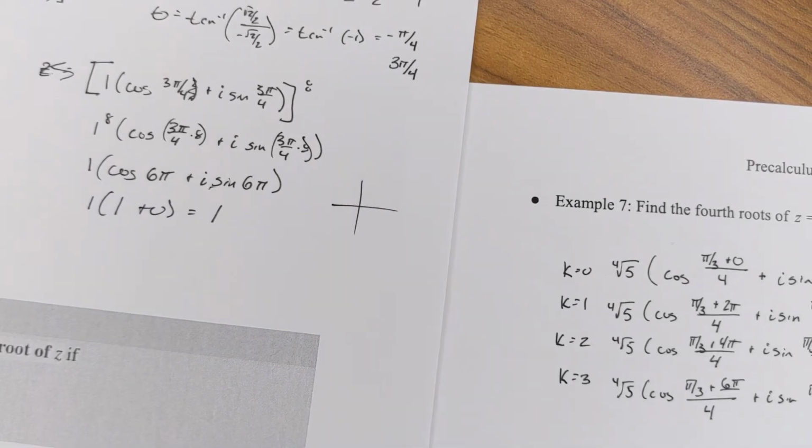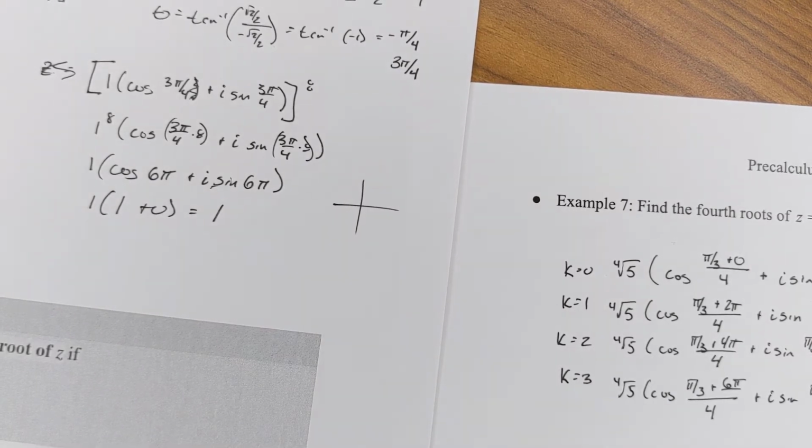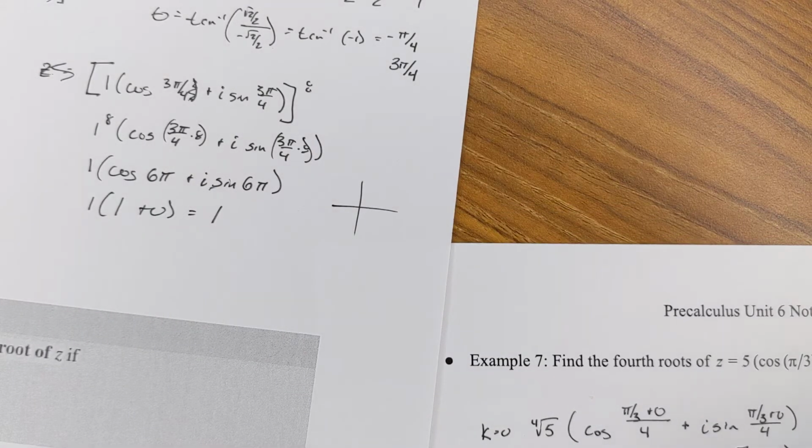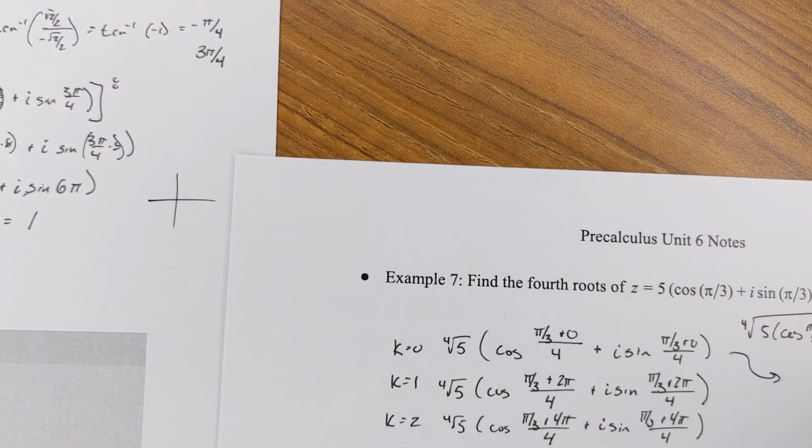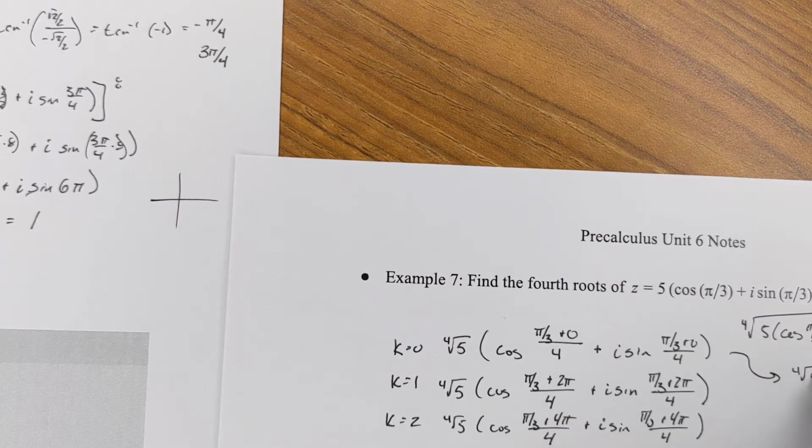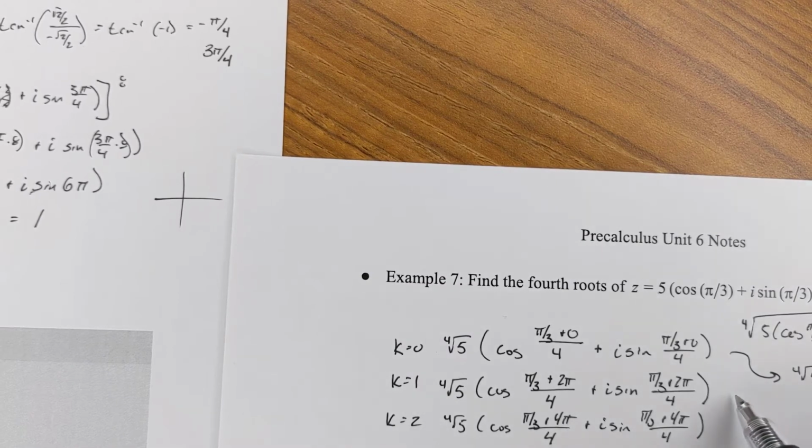So that would be essentially how it works out. And then you can, of course, simplify some things. So this one is 4th root of 5 cosine pi over 12 plus I sine pi over 12, because the 0 goes away. So on and so forth.